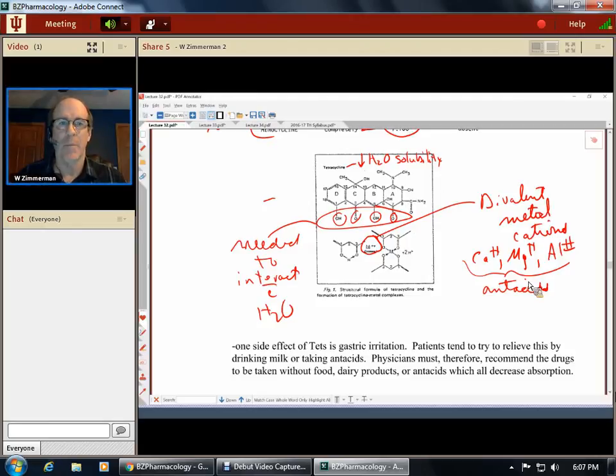they'll actually tie up those polar groups that we need in the tetracycline molecule, and they'll lead to a decrease in bioavailability or a decrease in absorption. So let's say down here, patients try to relieve the gastric irritation by drinking milk or taking antacids. Therefore, it's best to take these without food, without dairy products, just on an empty stomach.